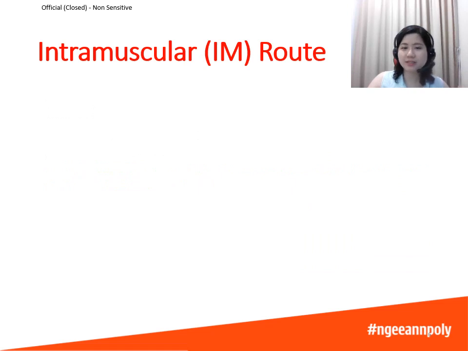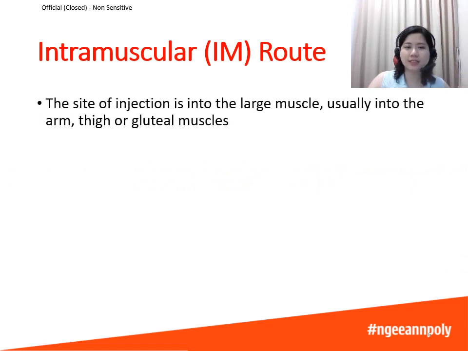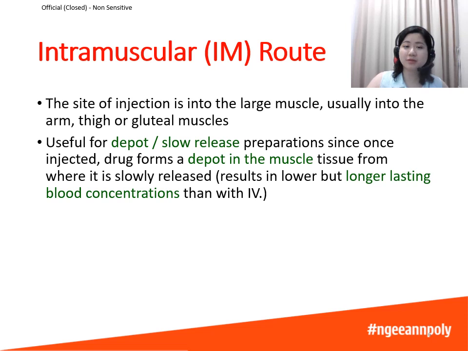For the intramuscular route, the drug is injected into a large muscle, usually into the arm, thigh, or gluteal muscles. This route can be used to administer depot or slow-release preparations. When these types of preparations are injected, it forms a depot or a storage in the muscle tissue, and it is slowly released into the blood over a few weeks or a few months.